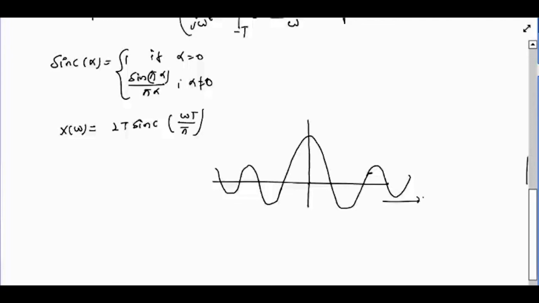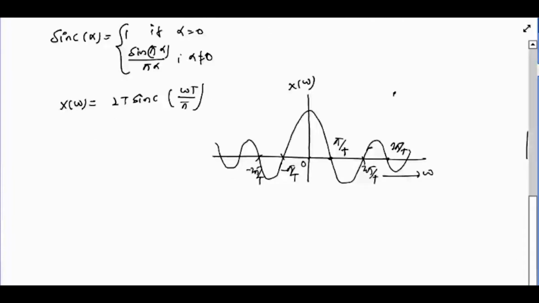This is omega, this is X(omega). The zero crossing points are as follows. So we have 0 here. This is pi over T, 2 pi over T, 3 pi over T, and similarly we have minus pi over T, minus 2 pi over T, and so on.